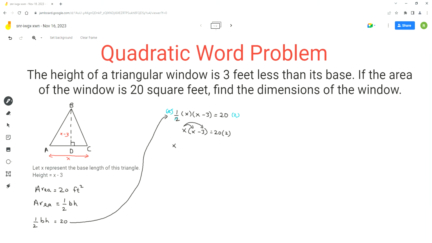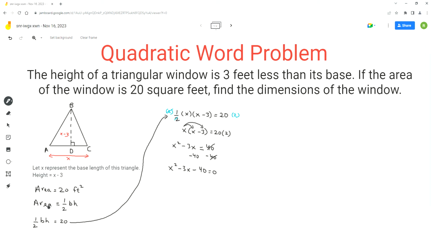So we get x squared minus 3x minus 40 equals 0, because 20 times 2 is 40, and we move 40 to the left side of the equation to make it equal to 0. Let me show you the steps. If I don't move the 40 in one step, we get this step, and then we subtract 40 from both sides, right? Then the 40's cancel each other out, so we get x squared minus 3x minus 40 equals 0. Now we have to solve this equation to find the value of x.